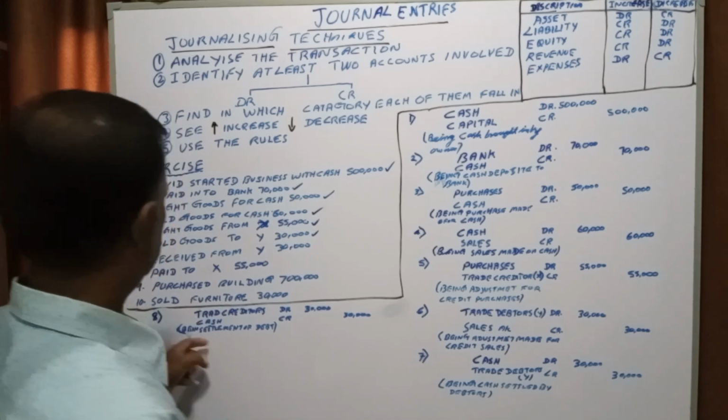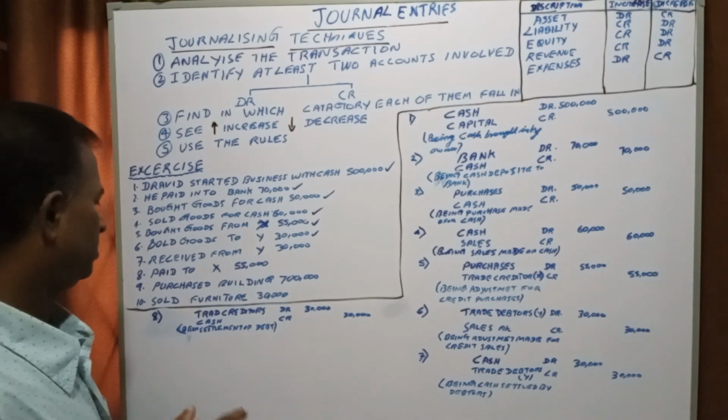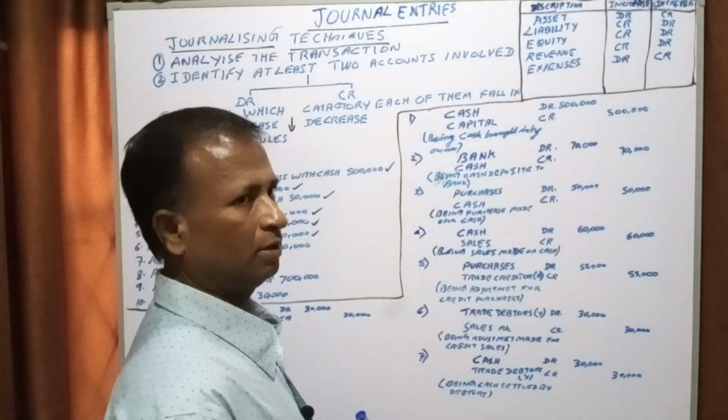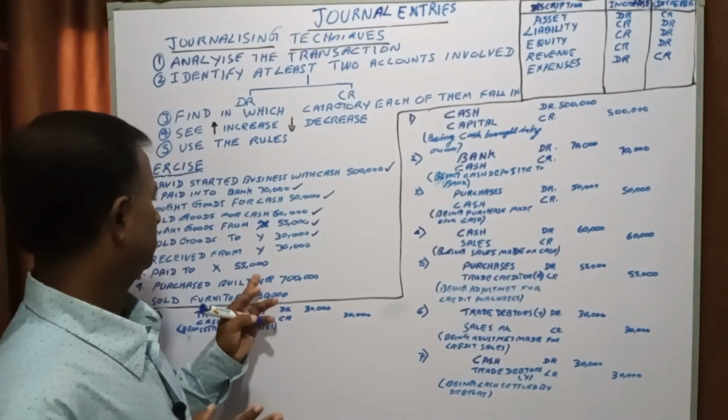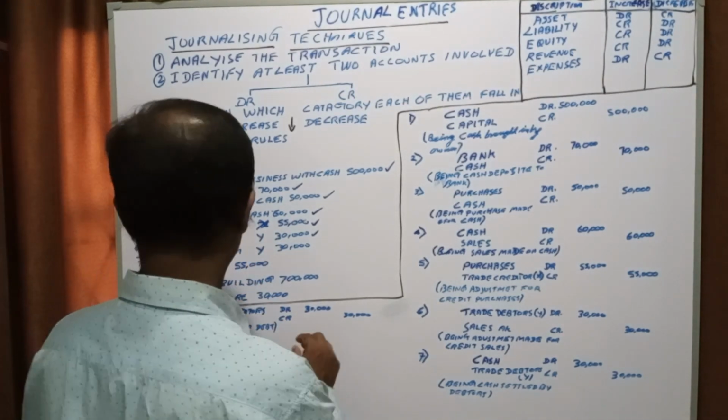Okay, because in adjustment number 8 we are paying our creditors 55,000.